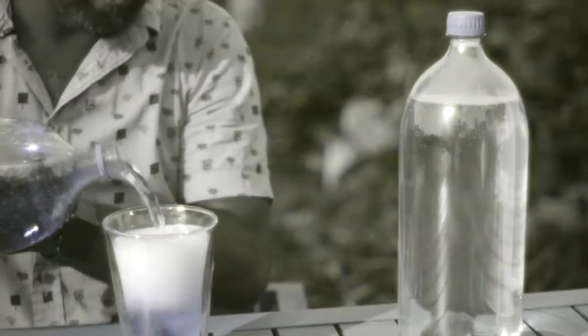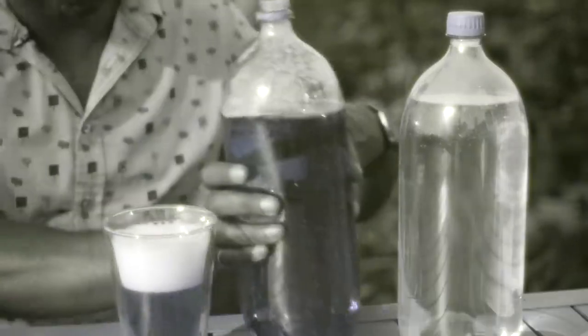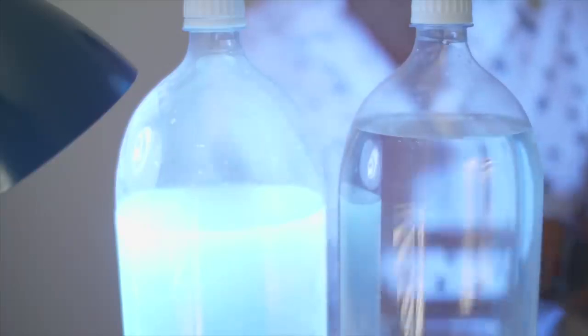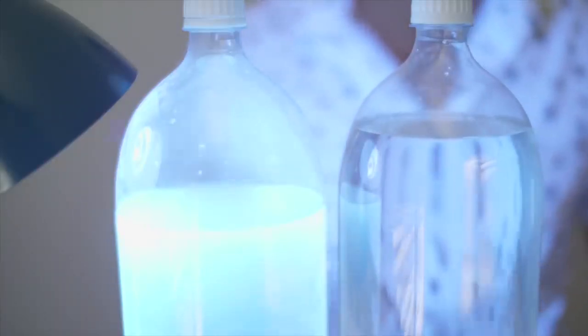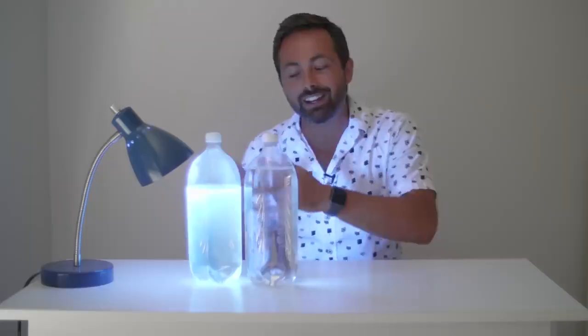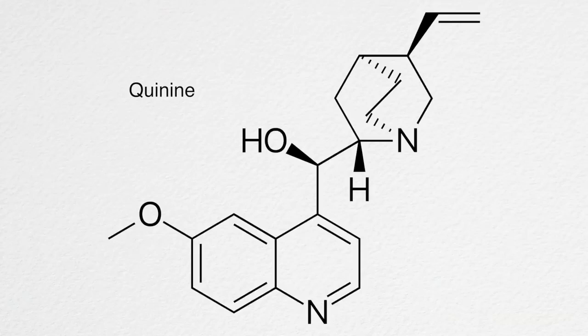To really see what's going on, we've got to take this inside. Same bottles, ultraviolet lamp. When I turn it on, it's the tonic water that is bright, whereas outside it was dark. How does this make any sense? Well, the thing is, tonic water contains the quinine molecule, which was originally a preventative medicine against malaria, but it tasted so bitter that people mixed it with sugar water and made a tonic.